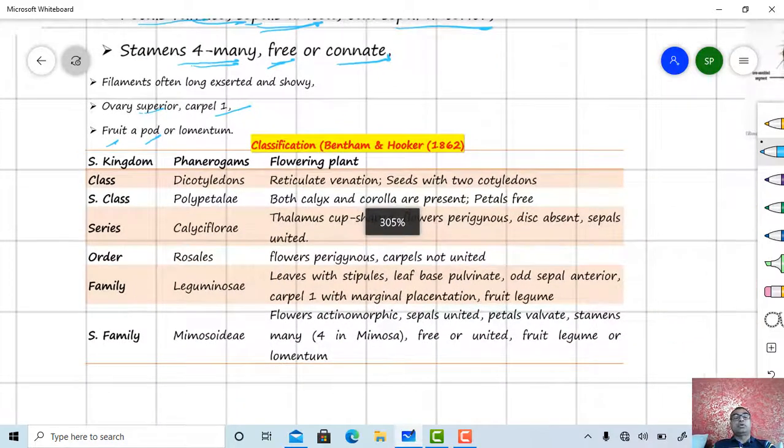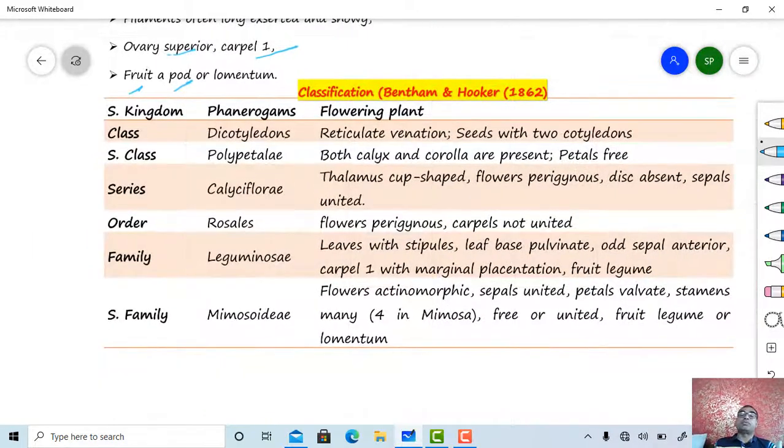Now see the systematic position proposed by Bentham and Hooker, which is a natural system of classification. So kingdom is Phanerogam, class is Dicotyledon, subclass is Polypetalae, series is Calyciflorae, order is Rosales, family Leguminosae, and subfamily is Mimosoideae.